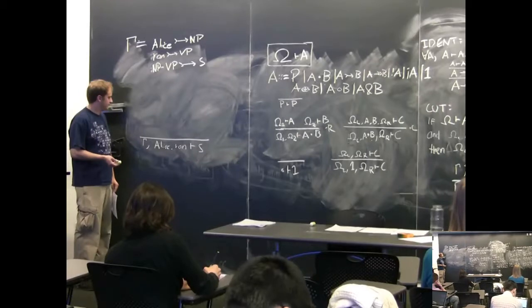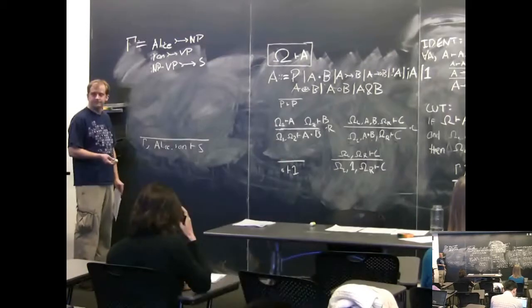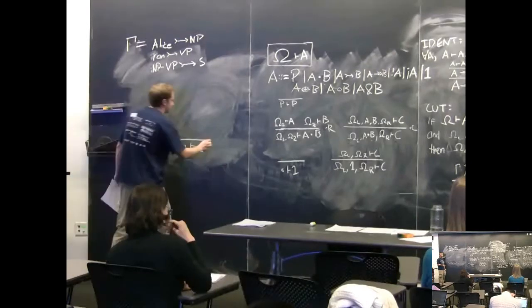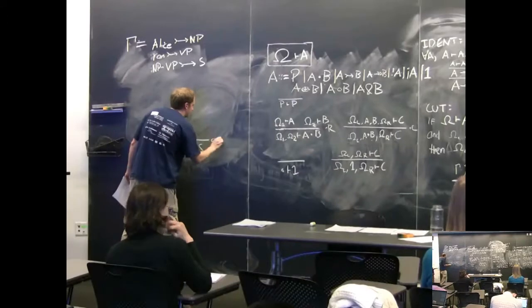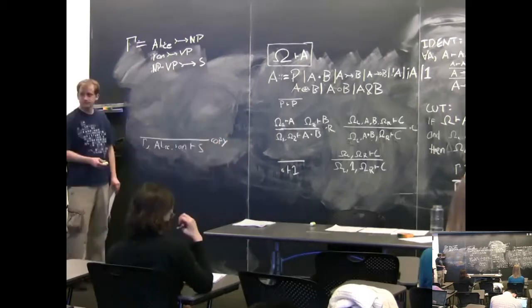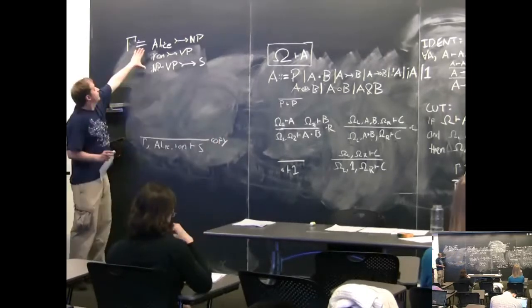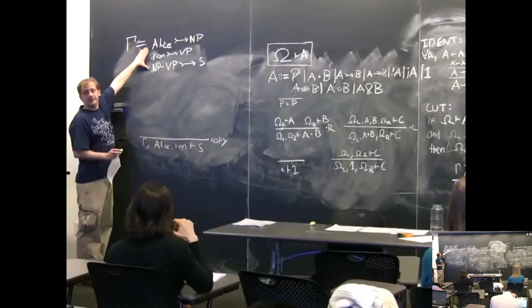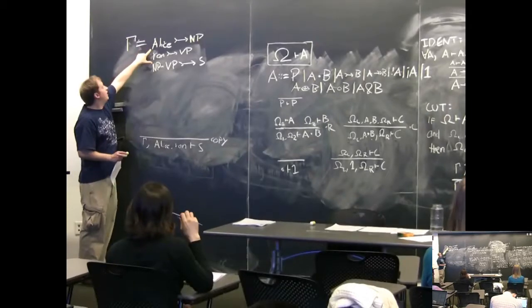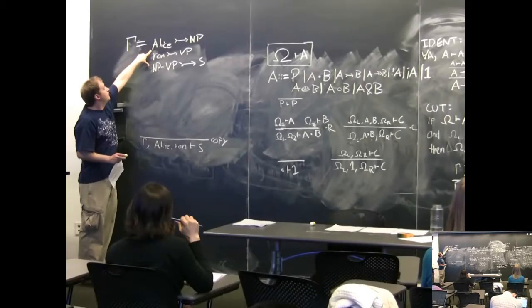Actually, there are more than two options. Copy rule for any of the three of these, so I can pick any of them and copy them into the context. I'll go ahead and pick the first one.